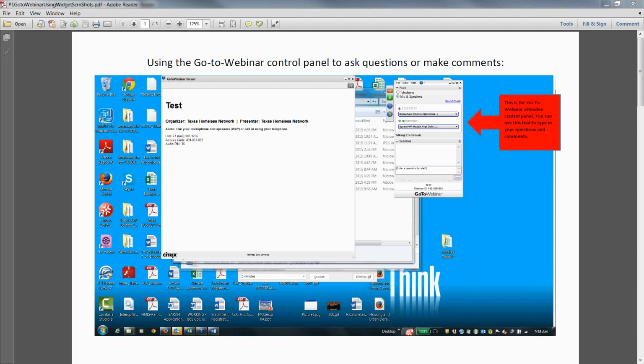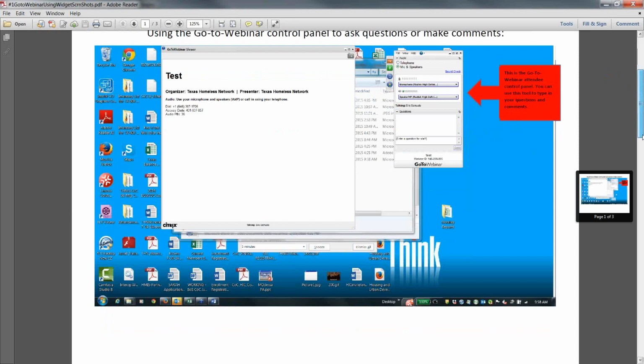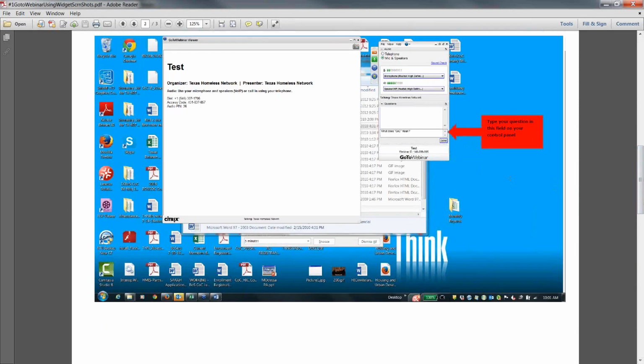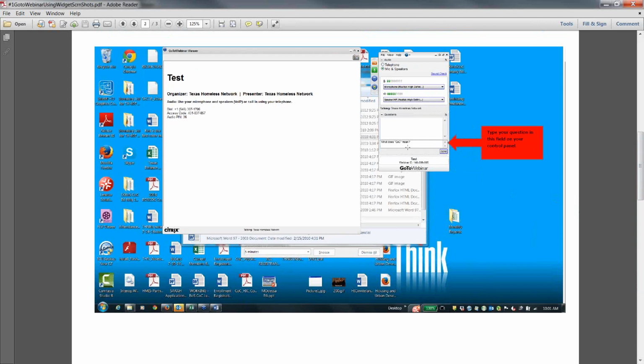And once you locate that, then what you can do is locate where you ask the question. So unminimize that box, expand it, and when you have a question or a comment that you want to make, type it into this field and then hit send.